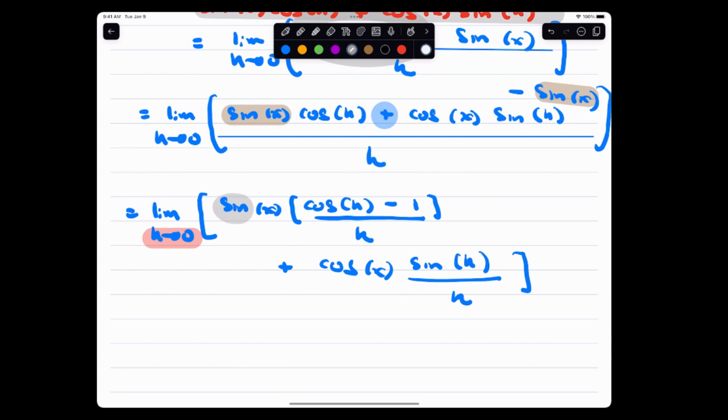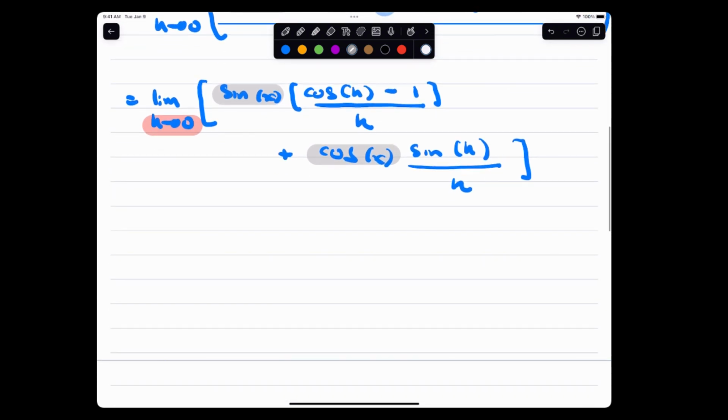You can now think of this function sine and this function cosine as not having to deal with h. The variable is h, so you can think of those as constants. So you have the limit as h goes to 0. In fact, let me use properties there.